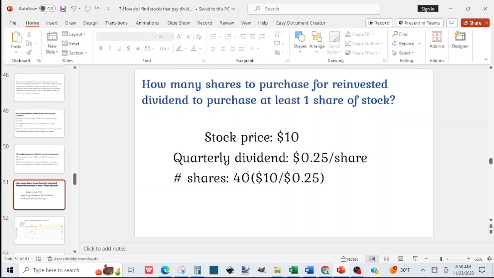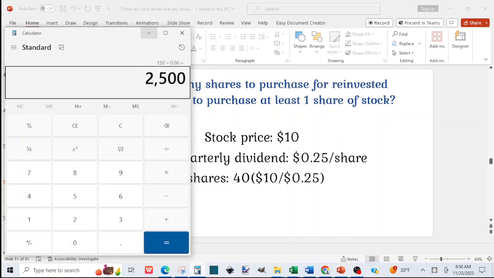So if you have $400 and you purchase 40 shares all at once, then the next time they pay dividend, it will be 25 cents times 40, which will be 10. I thought it would be 20. It will be 10. So that will buy you another share.